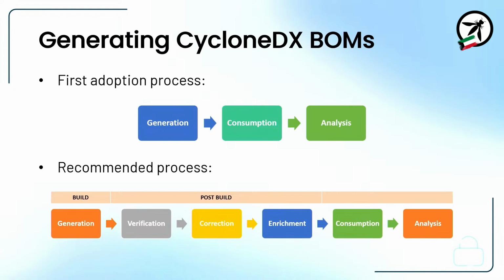So after generating the BOM, you can just verify the results. You will be using some tools and comparing the results with the BOMs you generated. And then if you need to correct, you can correct the results. You can enrich, adding some hash values, references, annotations. After that, you can consume and analyze the results.